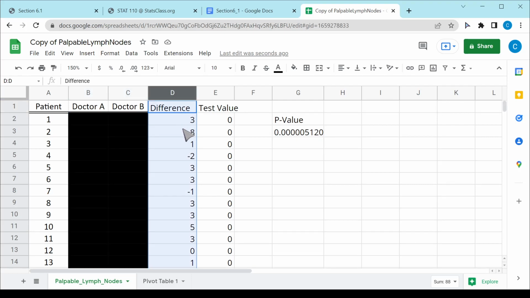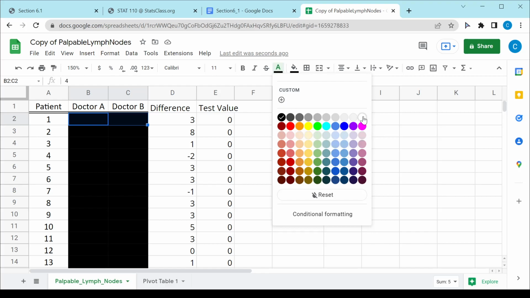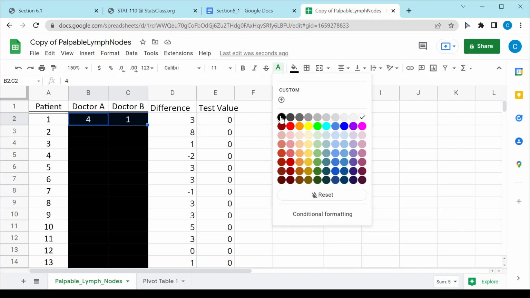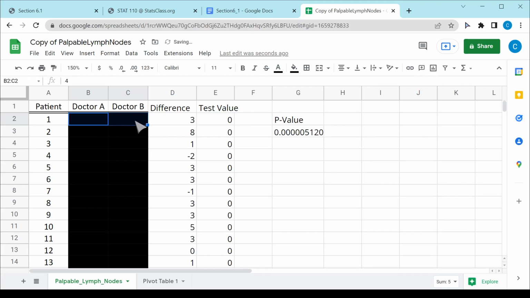It's 3 and 8 and -2 and 3 all the way down. This analysis does not take into consideration what these values were. If I look at them, remember, they were 4 and 1, so that's how I got the difference of 3. But the test itself does not worry about what those values are.